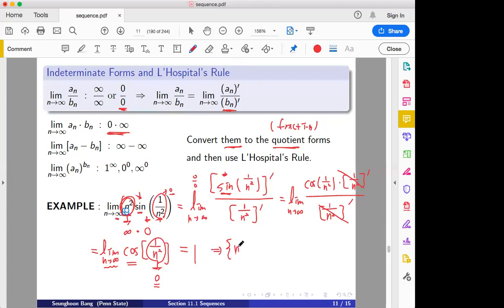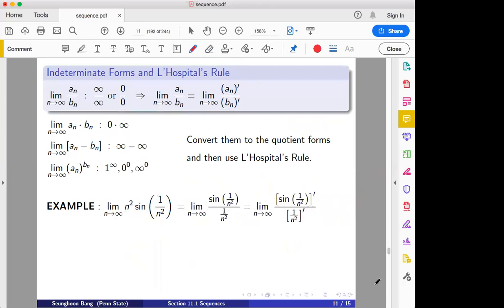The sequence n squared times sine of 1 over n squared converges to 1. This is the answer, right? This is the whole idea for solving this kind of problem.